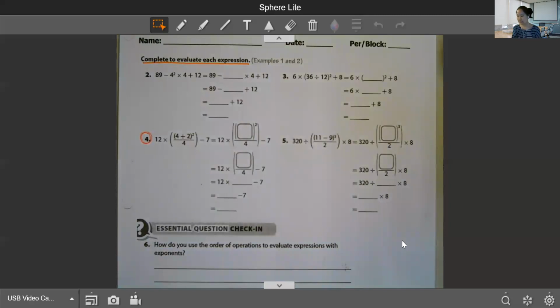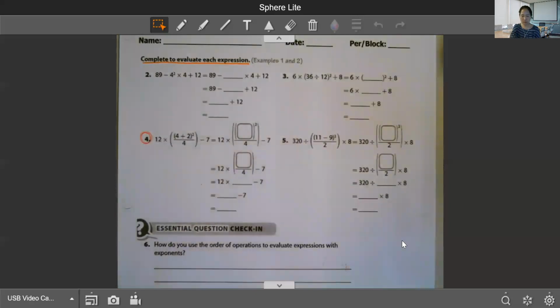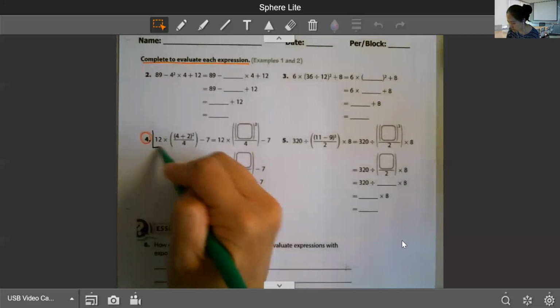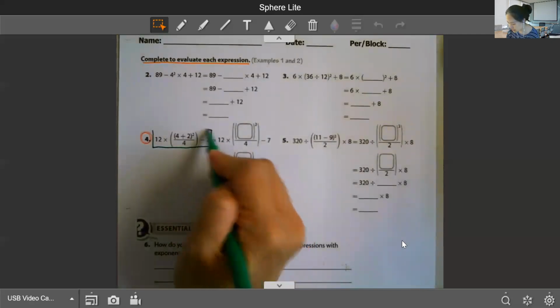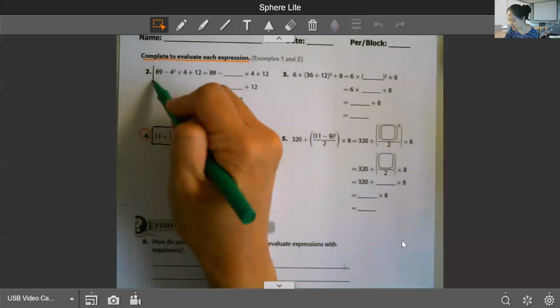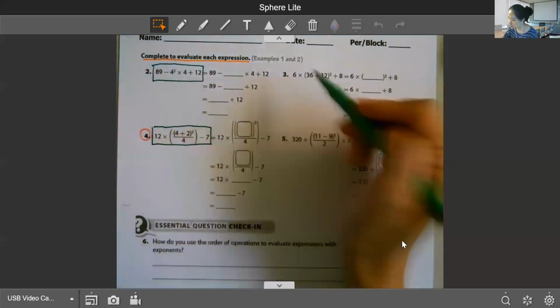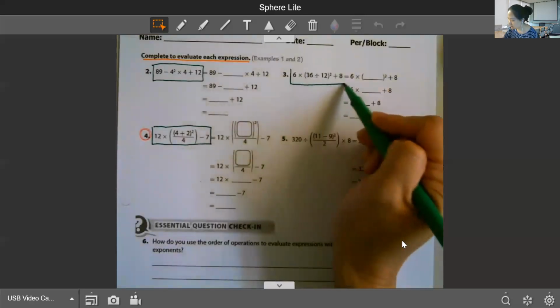I know that it has all of these fill in the blanks, however, I'm not going to worry about that. I'm just going to solve the problem, which actually is right here. And just in case you guys are confused, let me go ahead and box the problem on numbers 2, 3, and 4.